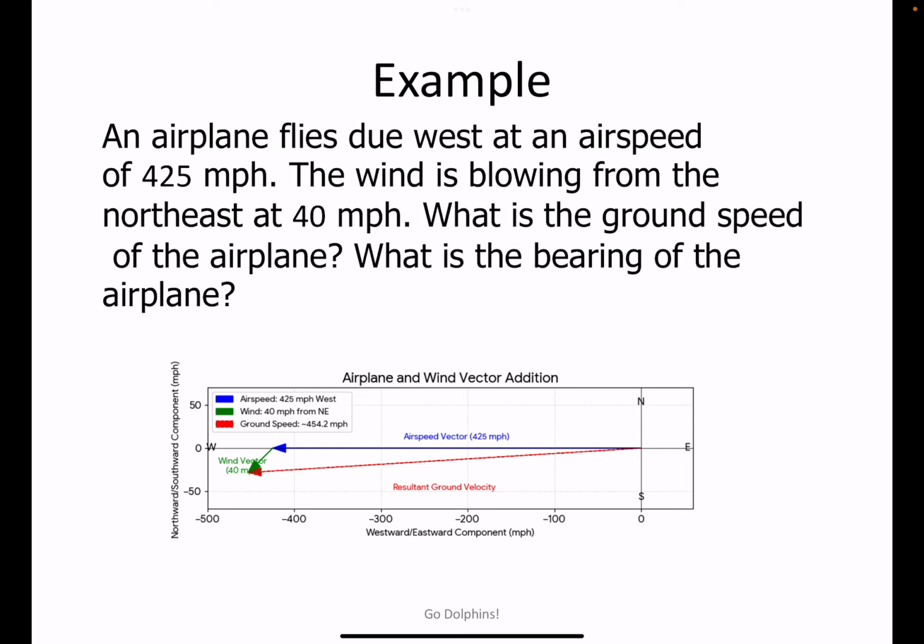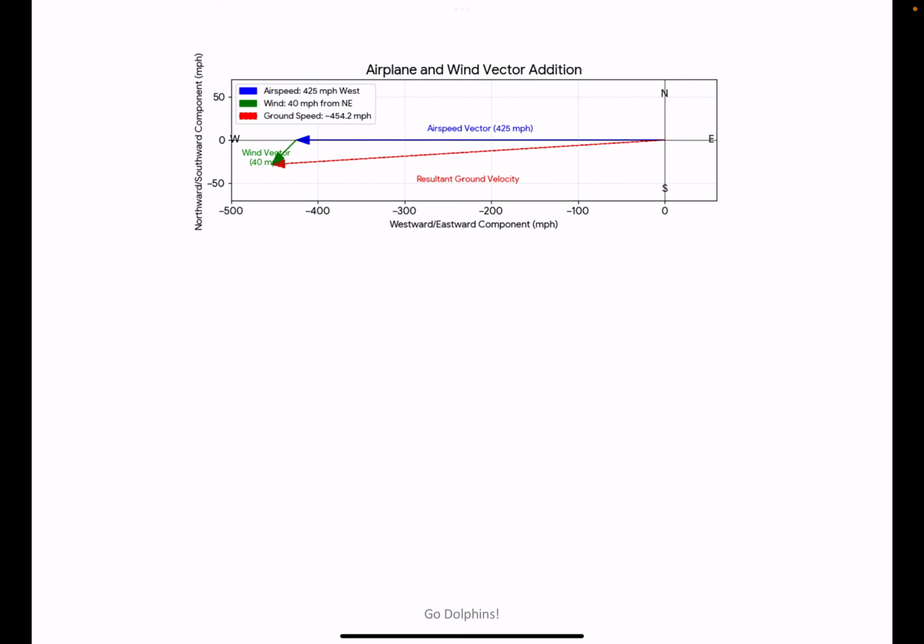So actually the wind is pointing to southwest with 45-degree angle. So to find the ground speed, we need to add blue and green together. We need to do the same thing, but this time let's call A the speed of the airplane. Ax is simple, it is minus 425, and Ay is 0.